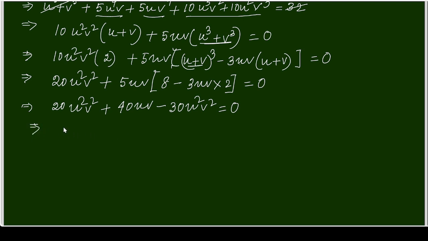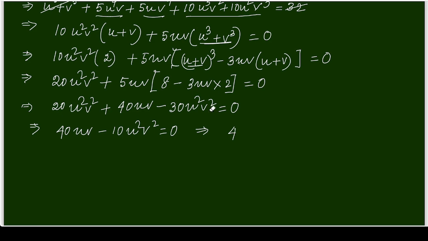Or I am getting 40 uv minus 10 u squared v squared equals 0.